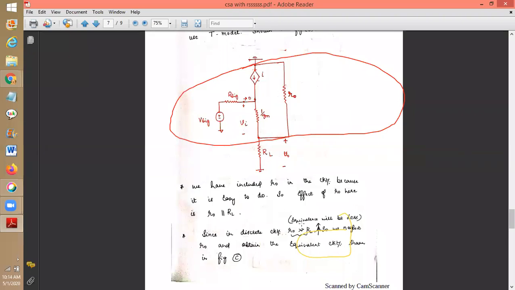So we can neglect R0 in the derivation. This is the discrete circuit, one circuit with one MOSFET. R0 is very much greater than RL, so the equivalent will be less. So we neglect R0. Understood?